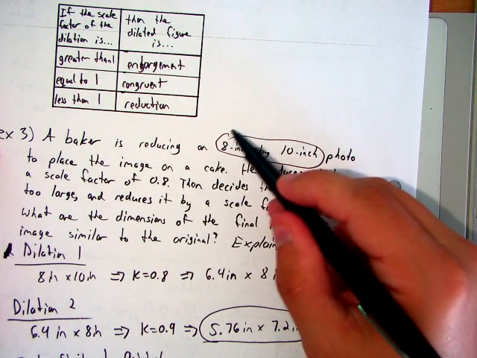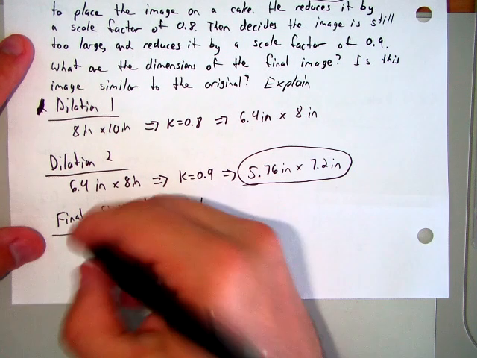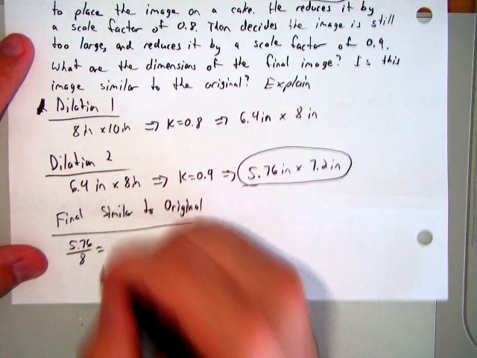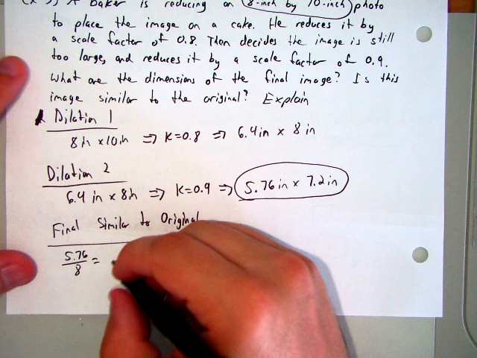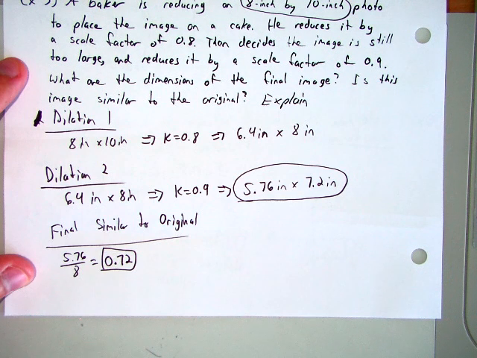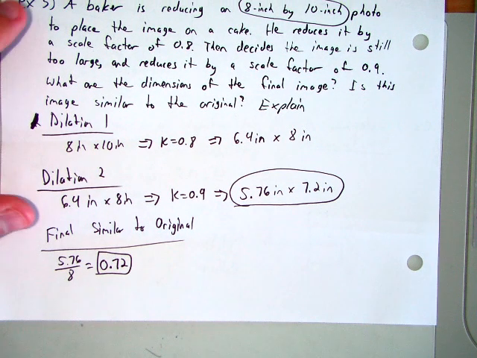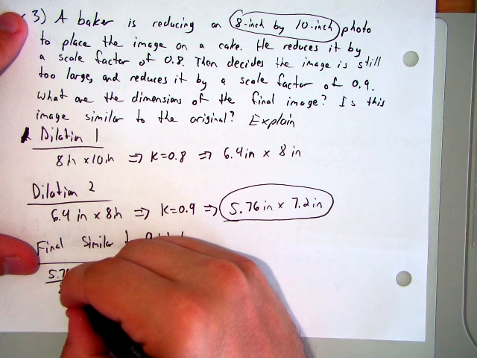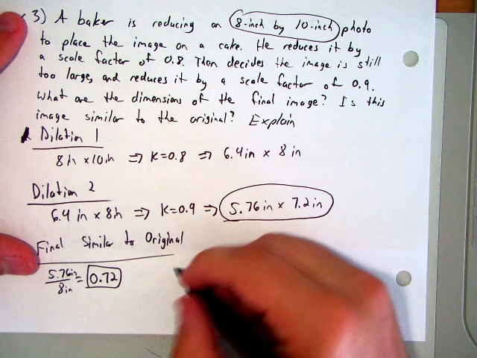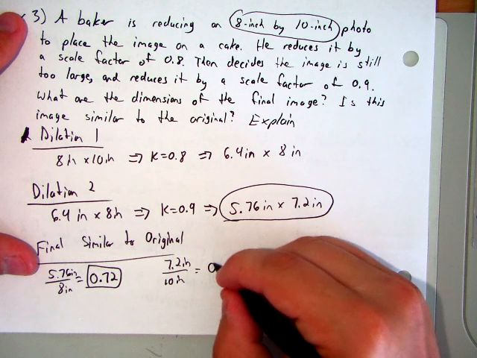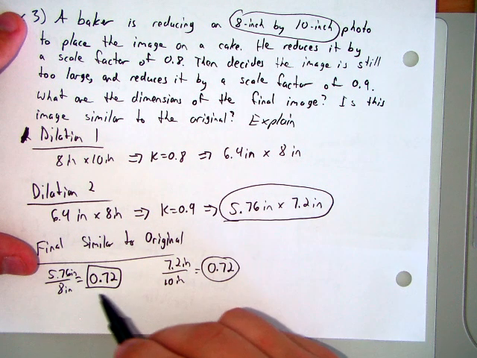The corresponding dimension would be 8. 5.76 divided by 8 is going to get 0.72, so that's the scale factor for that one dimension. The second scale factor would be 7.2 divided by 10, and that would still get 0.72.